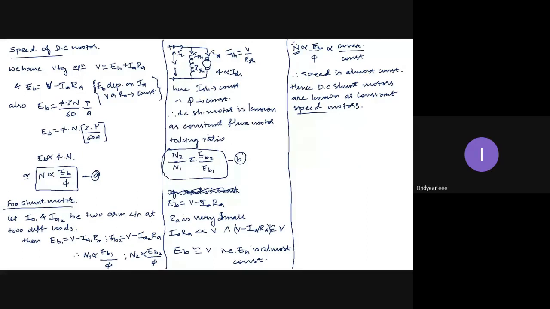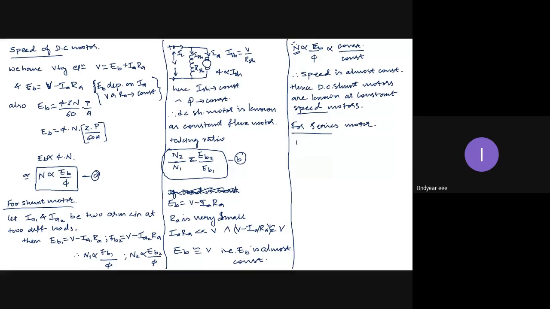What about DC series motor now? Now the same relation, N proportional to EB by phi.